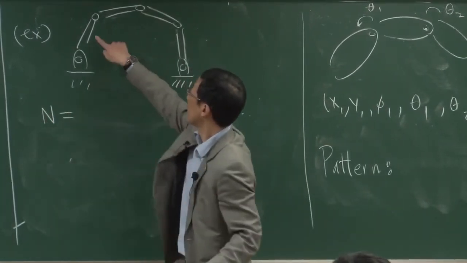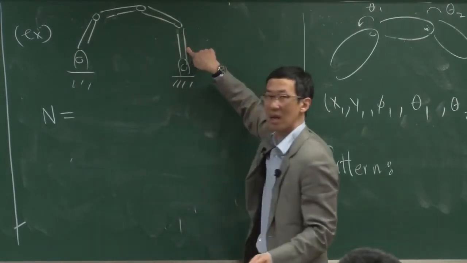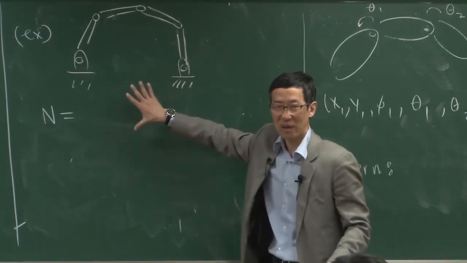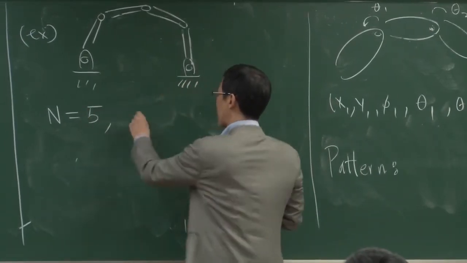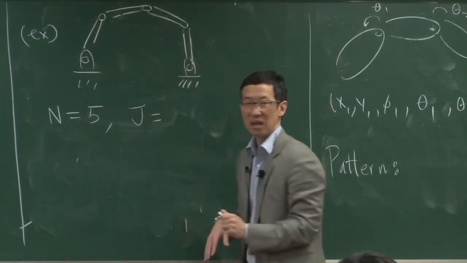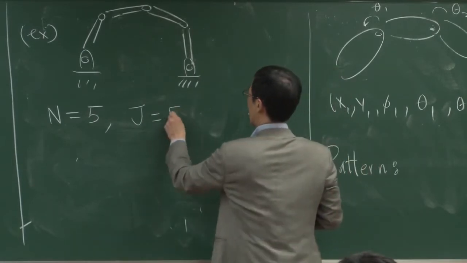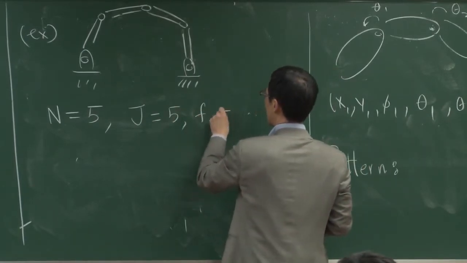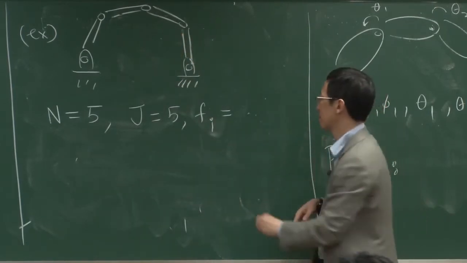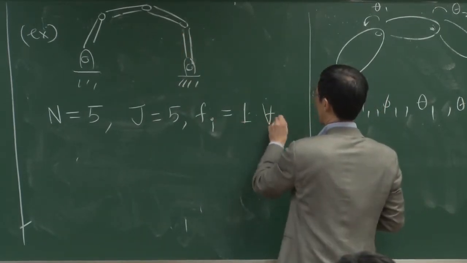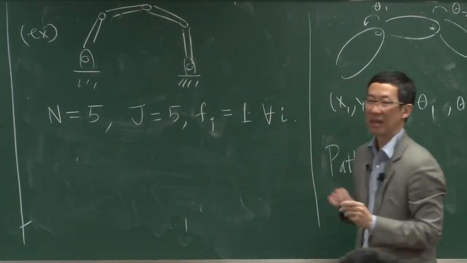So we have 1, 2, 3, 4. Don't forget ground. So 5. Number of joints, 5. And the degrees of freedom of each joint, they're all R joints, so it's 1 degree of freedom for all i.